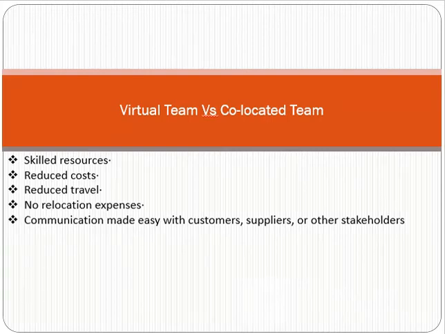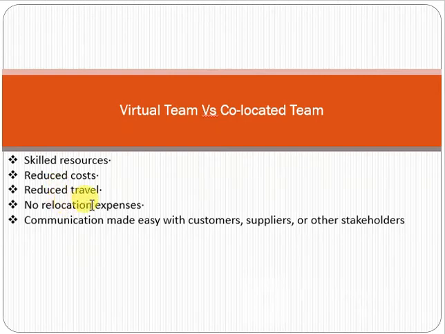So if we talk about virtual team versus co-located team, in a virtual team you can get more skilled resources because they are from different locations. A virtual team will have less cost and a co-located team has more cost. It will reduce the travel expenses as well, with no relocation expenses.